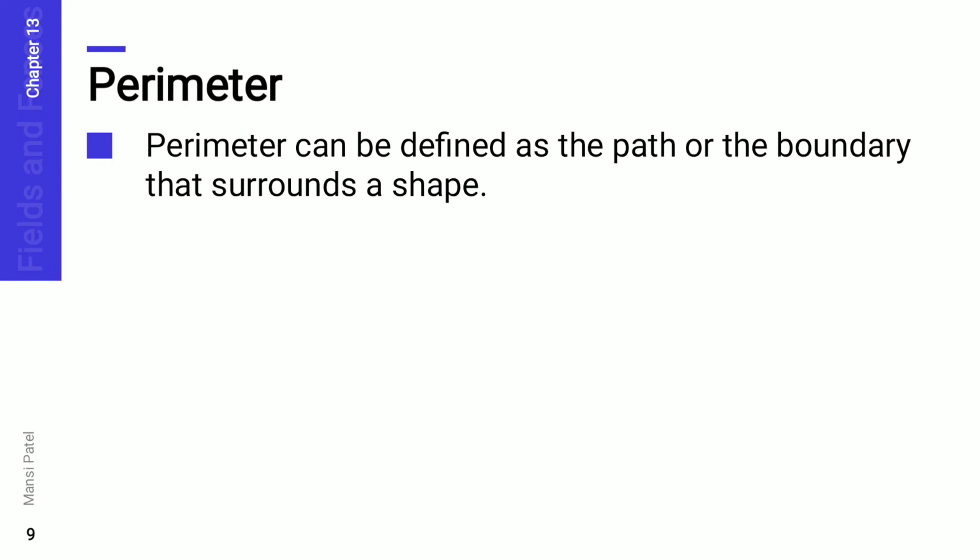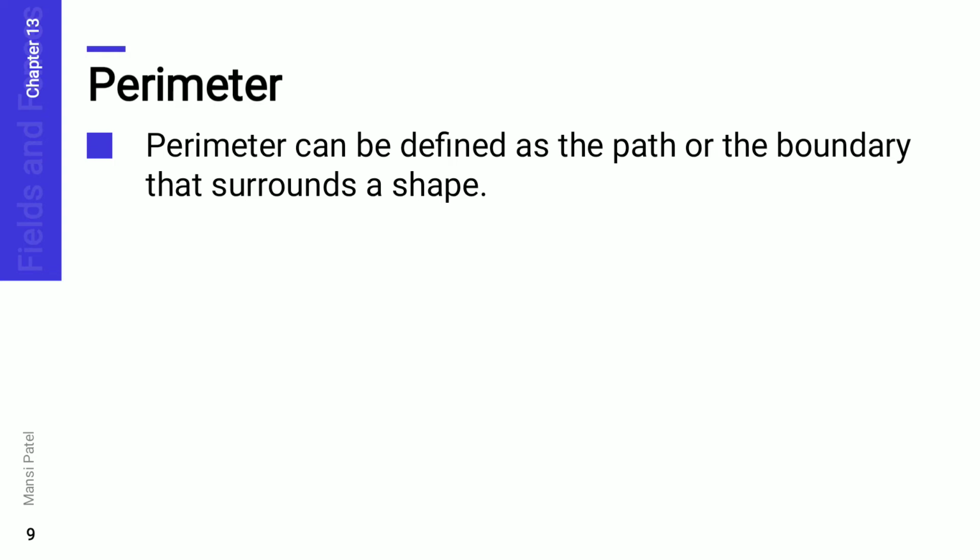Now perimeter can be defined as the path or the boundary that surrounds a shape. If any shape is given and you want to find the perimeter, then we can say it is the path or boundary surrounding the shape. So normally perimeter means what?